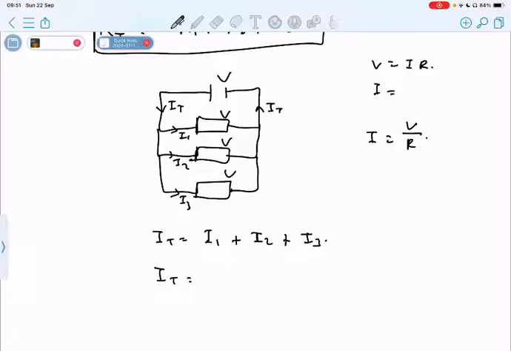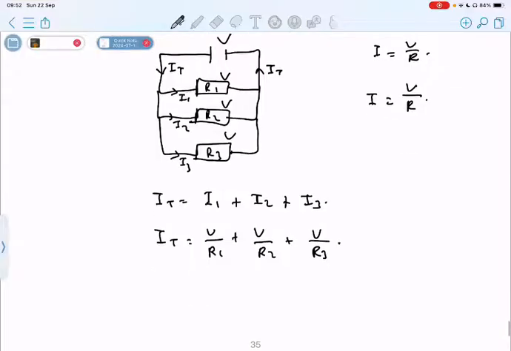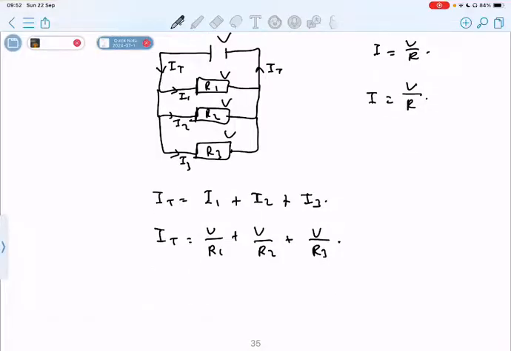Make I the subject of the formula, you get V over R, okay? These resistances are R1, R2, and R3. So let's just substitute. I1 will be equal to V over R1, so V over R1 plus V over R2 plus V over R3. The voltages across all the loops are the same as the battery. So we get this.